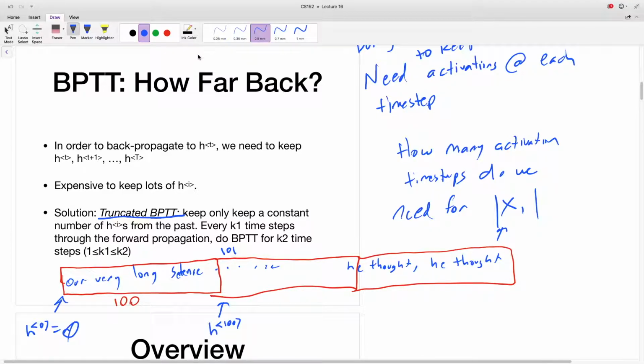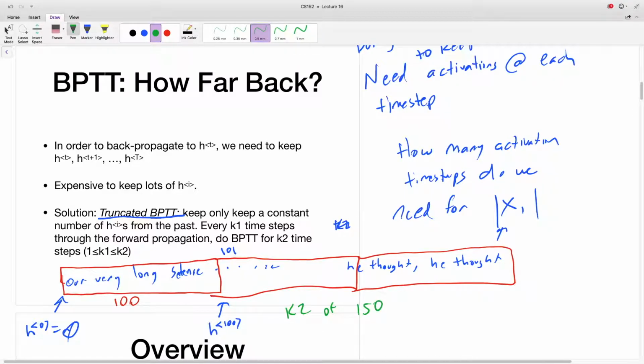So let's say we're doing a K2 of, let's do a K2 of 150. I'll do that in green.